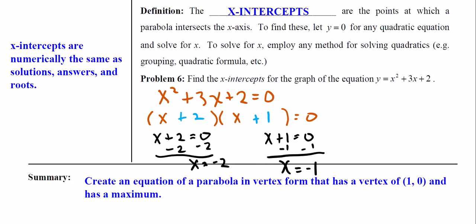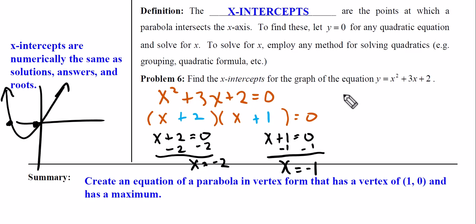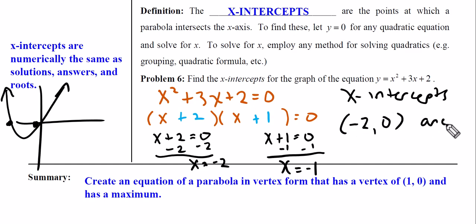X-intercepts are points, right? So if I have a graph like this, for example, and I have a point right here and a point right here, -2 and -1 are not points. These are the x-coordinates of the points. So the two x-intercepts formally would be the points (-2, 0) and (-1, 0).